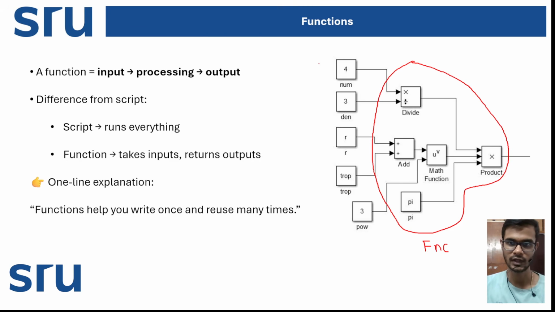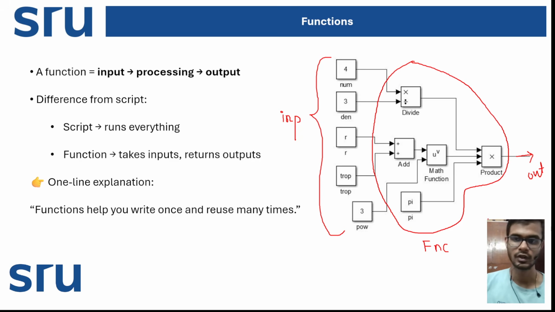This is a function, these are inputs, and this is the output. So here you can see the function will always remain constant, but the value of the input variables can change, which will ultimately change or affect the value of the output.